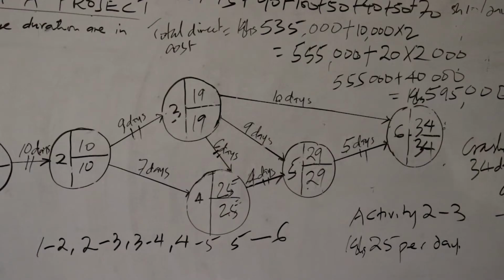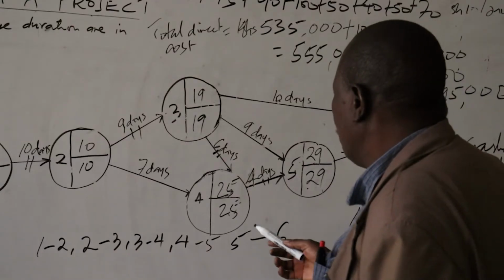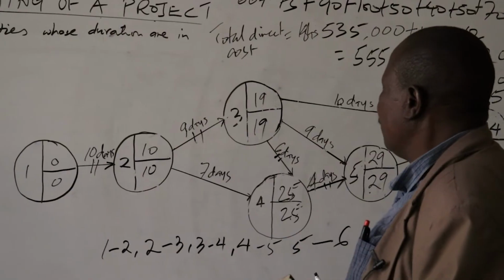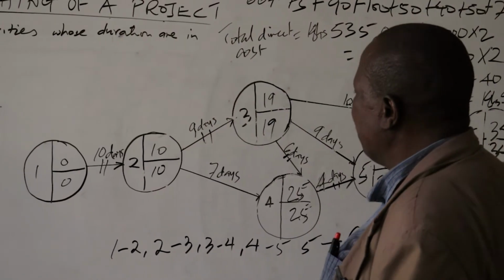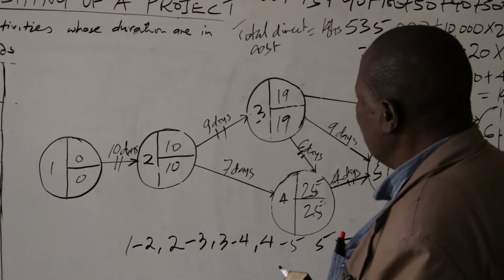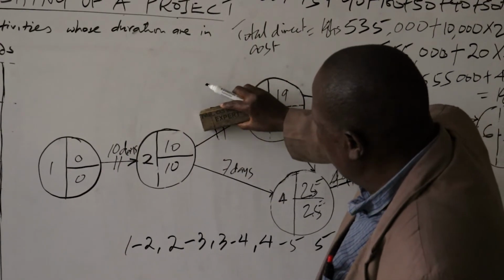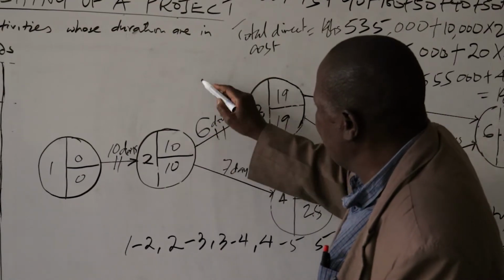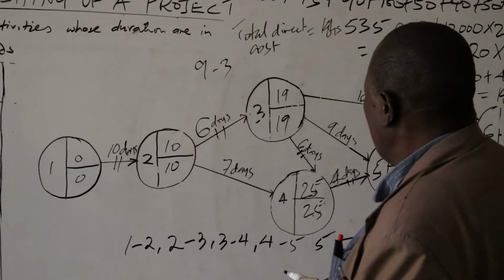So for activity 2 to 3, there are 3 days available for crashing. We reduce this by 3 days. 9 minus 3 is 6 days.